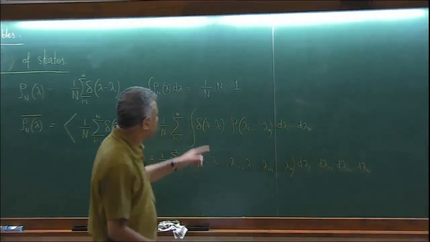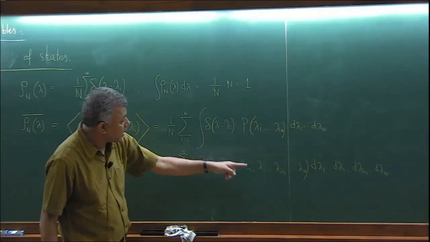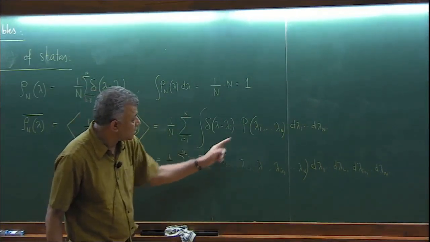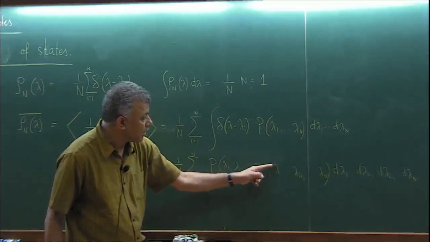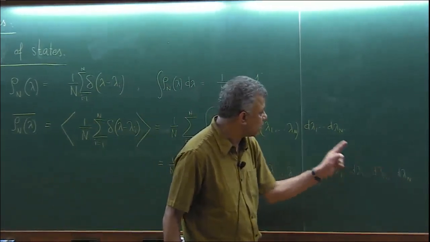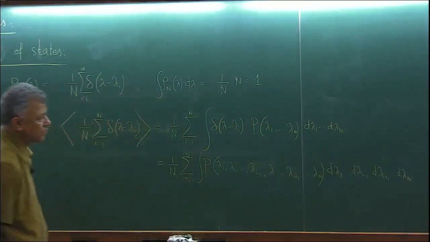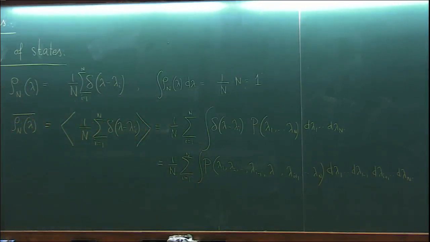So I've just integrated over lambda i. So in this function you have to replace lambda i by lambda, and then I have n minus 1 integrals, because I've already done the integral over lambda i. So you have just this. Okay?